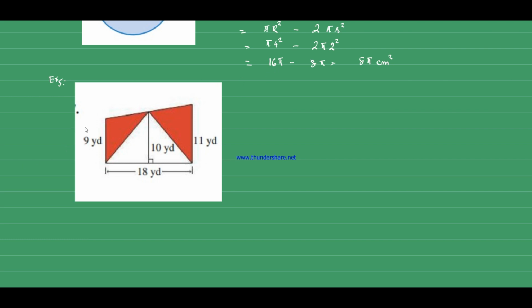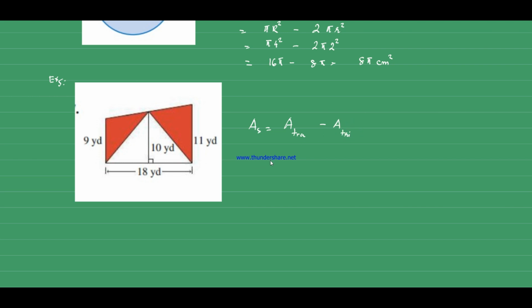So I just find the area of the shaded region. The red region will be the area of the trapezoid minus the area of the triangle. So A sub S will be the area of the trapezoid minus the area of the triangle.